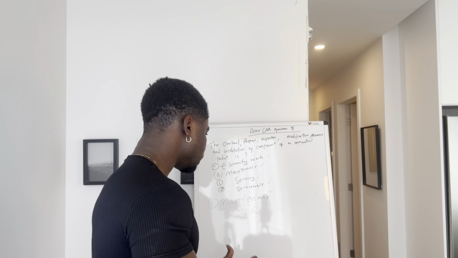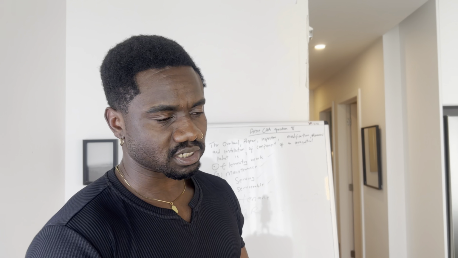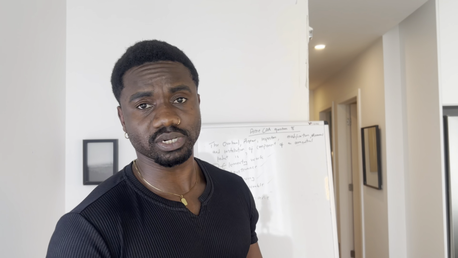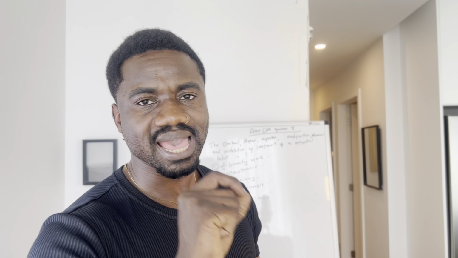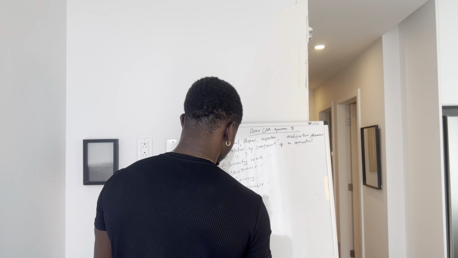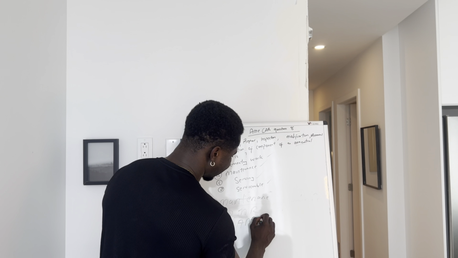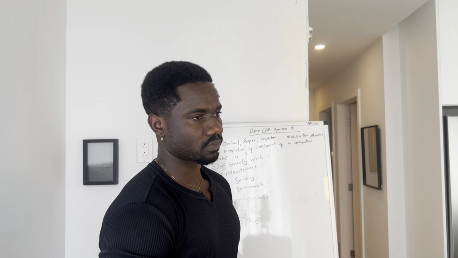And every maintenance done requires a maintenance release. And to sign a maintenance release, you require an AME license. But having an AME license does not give you the full authorization to sign a maintenance release.